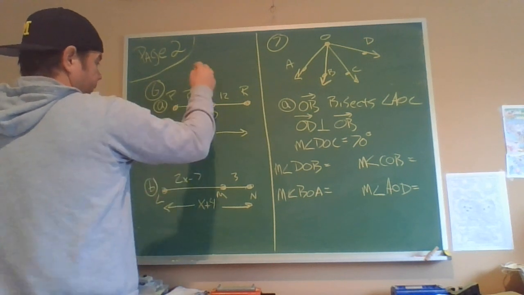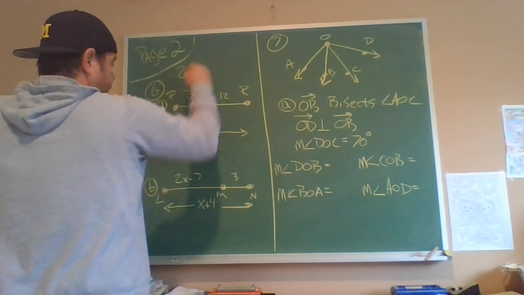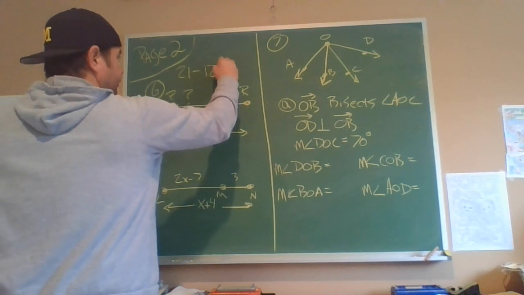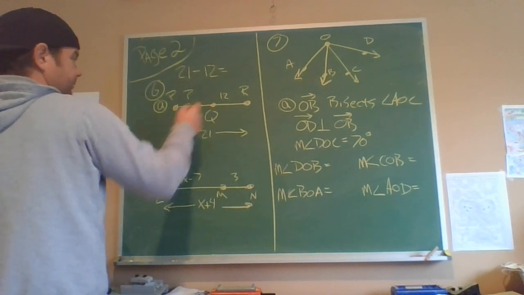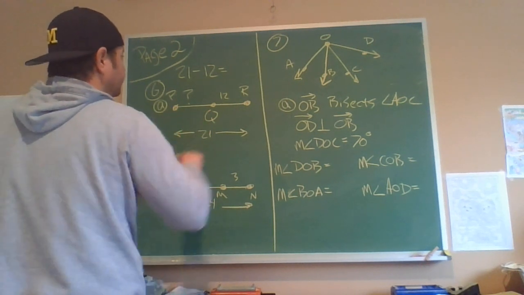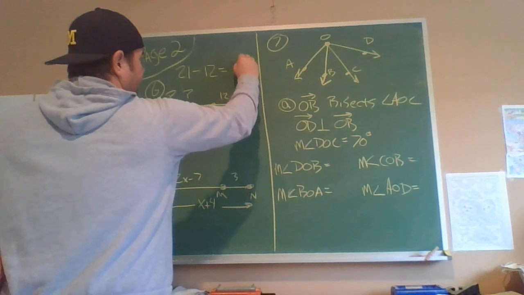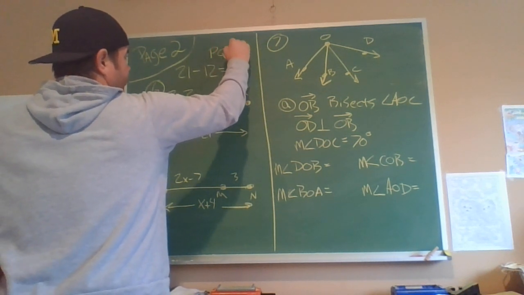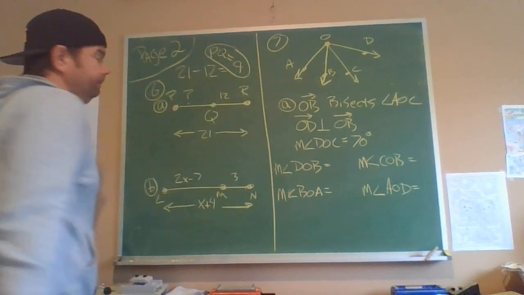Well, if I take the whole length, which is 21, and subtract this piece of it, which is 12, that's going to give me the length of the remaining piece. So 21 minus 12, last time I checked, was 9. And so PQ equals 9.